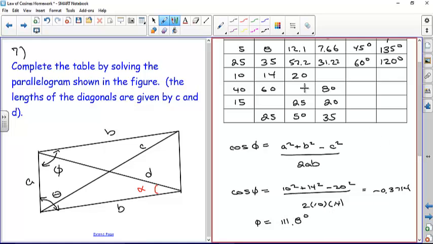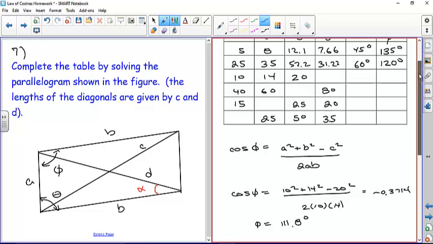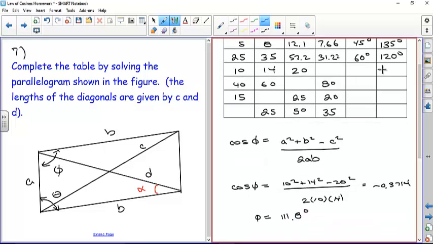So let's go ahead and put that in there. So that's this one. Phi is 111.8 degrees. So to find theta, we take 360 minus 2 times phi, and we divide by 2, because 2 times phi plus 2 times theta equals 360.